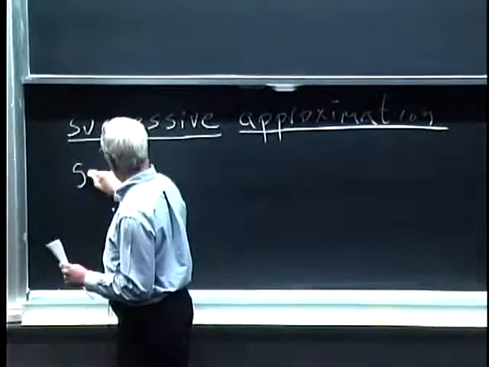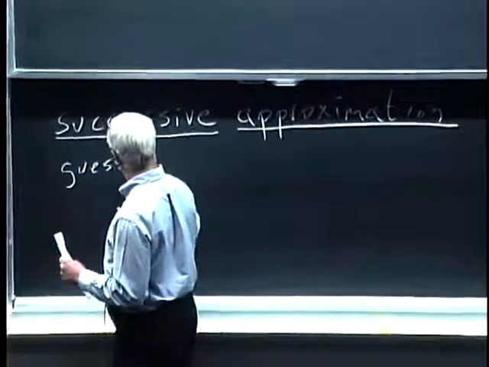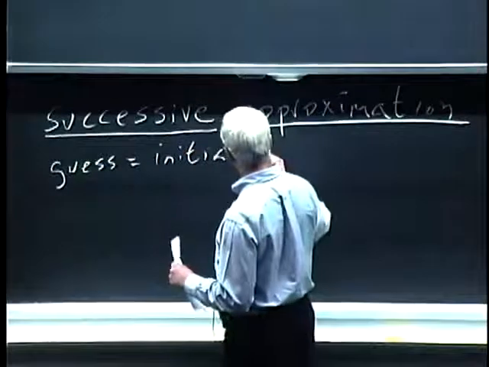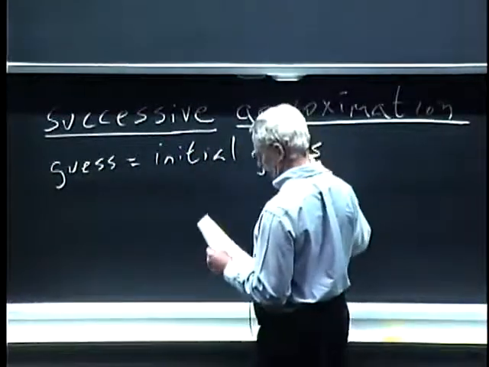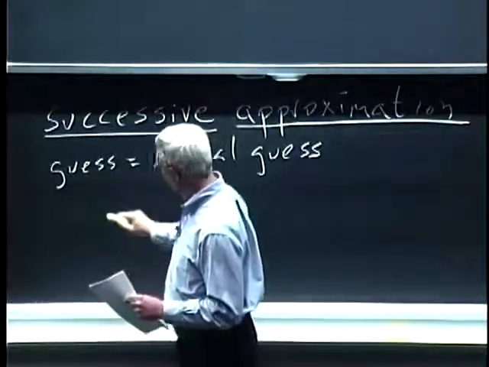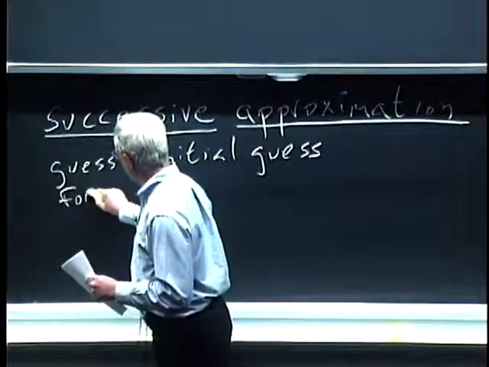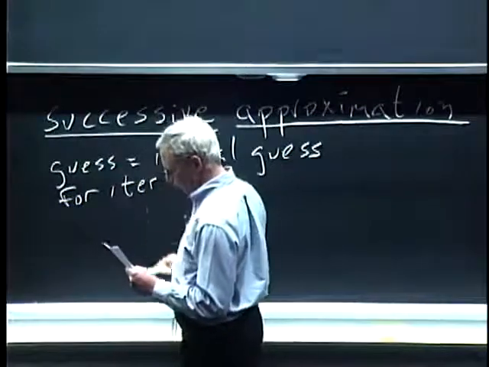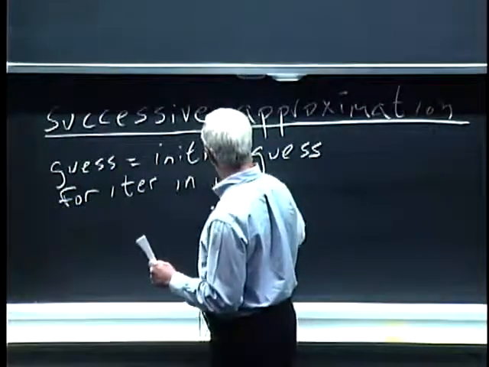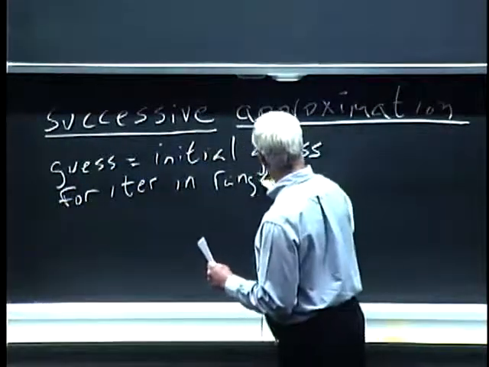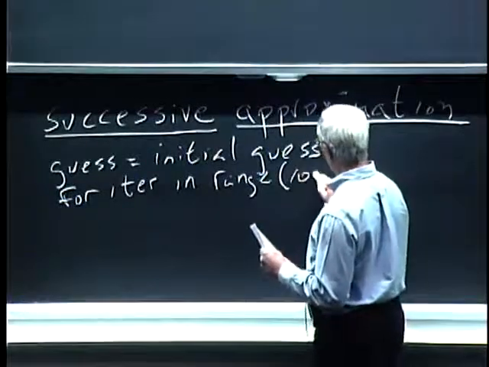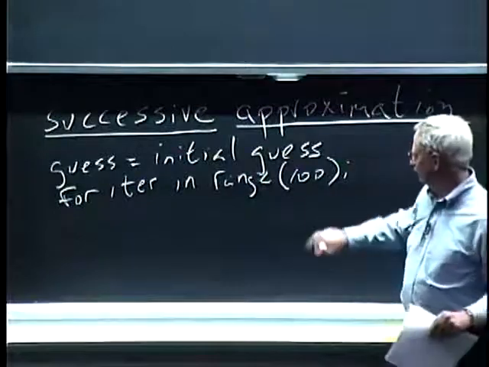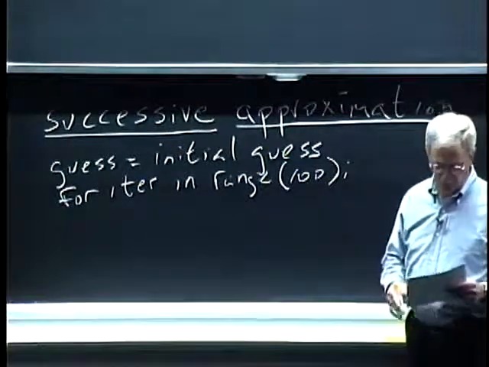You start with some guess, which will be the initial guess. You then iterate, and in a minute I'll tell you why I'm doing it this particular way, over some range. I've chosen 100, but it doesn't have to be 100, just some number there.